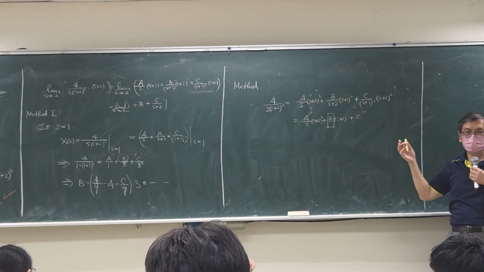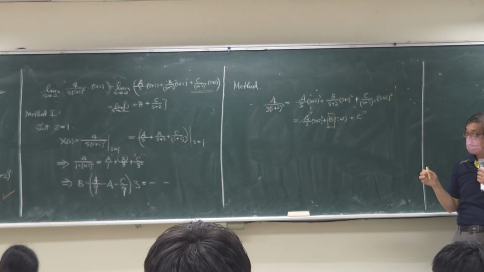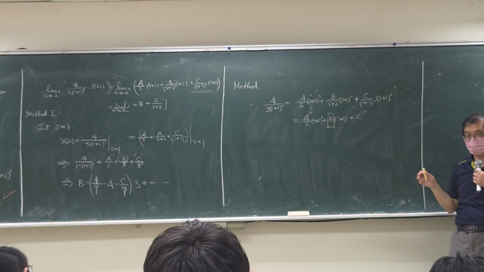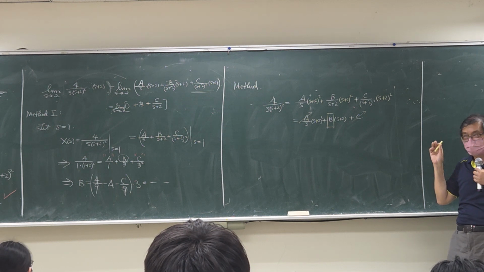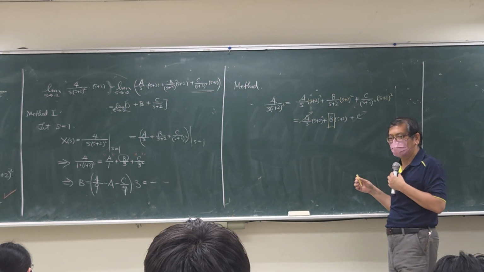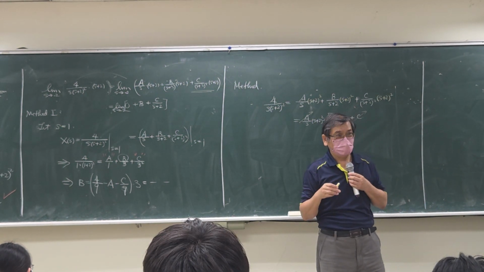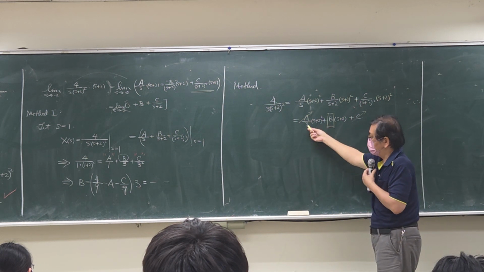So any suggestion? A not so simple, but kind of simple trick. Then we are able to find B without involving A and C.